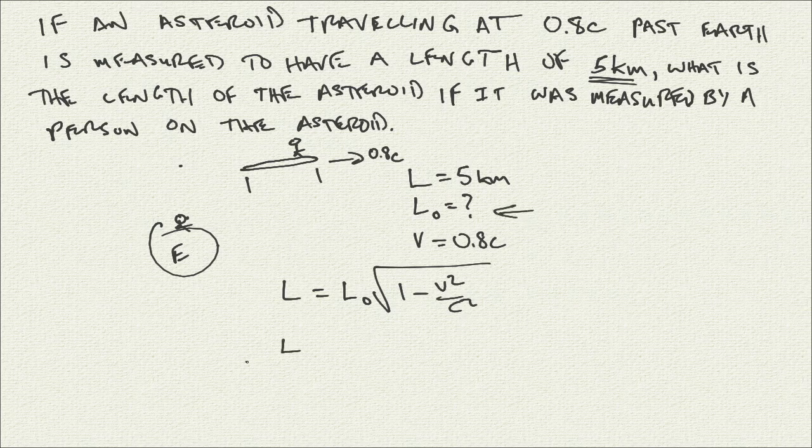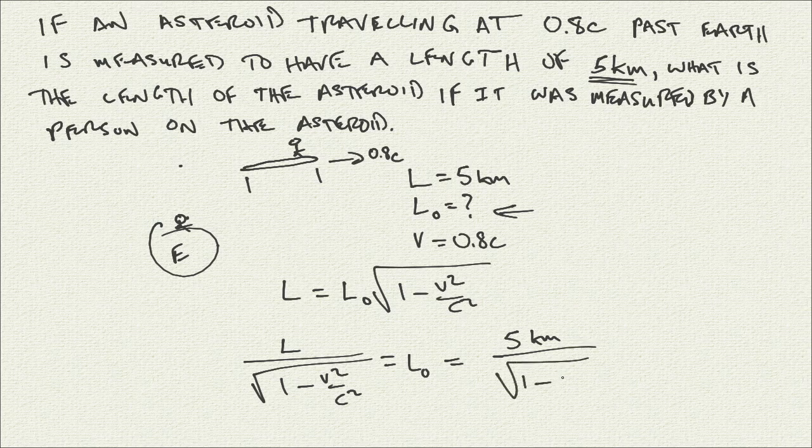So now we would go L divided by the square root of 1 minus V squared divided by c squared is equal to L naught. And so now we could plug it in: 5 kilometers divided by the square root of 1 minus 0.8 c squared divided by c squared.